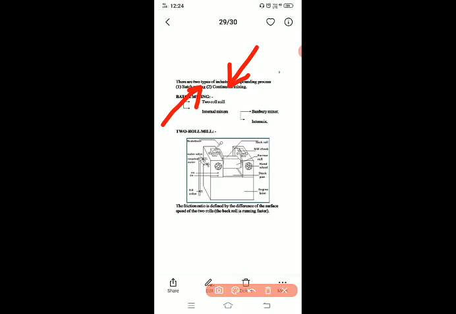Then we also discussed the distribution and the dispersion of compounding ingredients in a plastic matrix. Then finally we discussed the types of mixing process, that is batch mixing and continuous mixing, in this first module. In our second module, we will be discussing the two roll mill, that is batch mixing, its construction, its working principle and its applications.